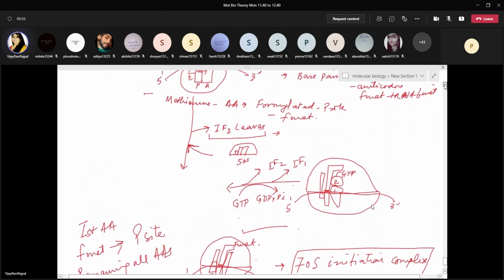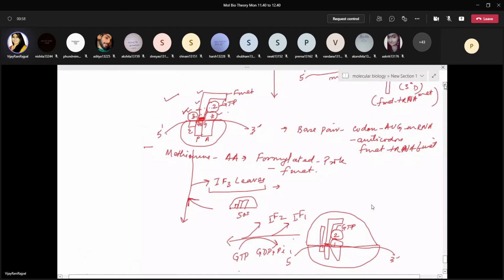Before the joining of 50S, this complex is known as the 30S initiation complex, the 30S translation initiation complex, before 50S joined.